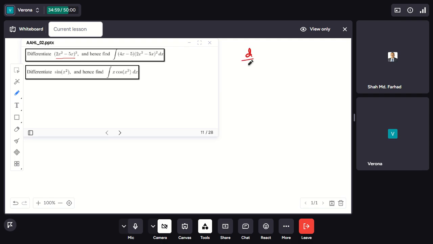That is d/dx of (2x square minus 5x) to the power 3.